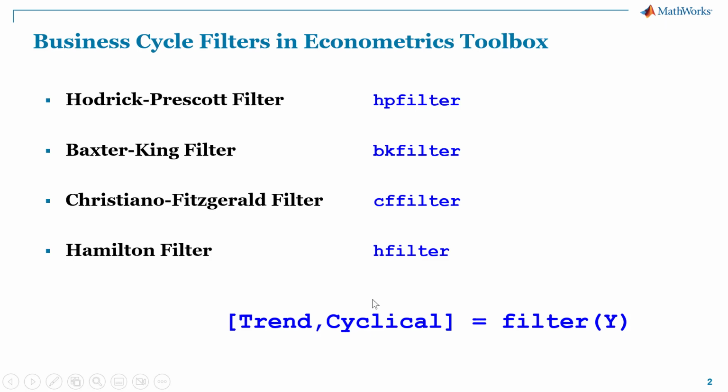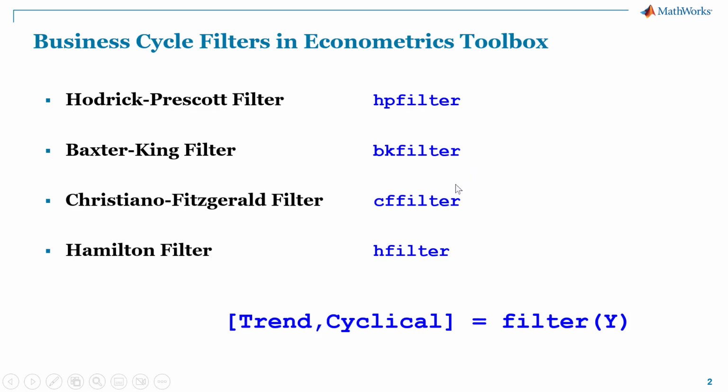We'll see that there are different ways of looking at these filters. The HP filter originally focused on the trend component using ideas from the part of economics called growth theory, trying to figure out what a reasonable way to compute a trend would be.